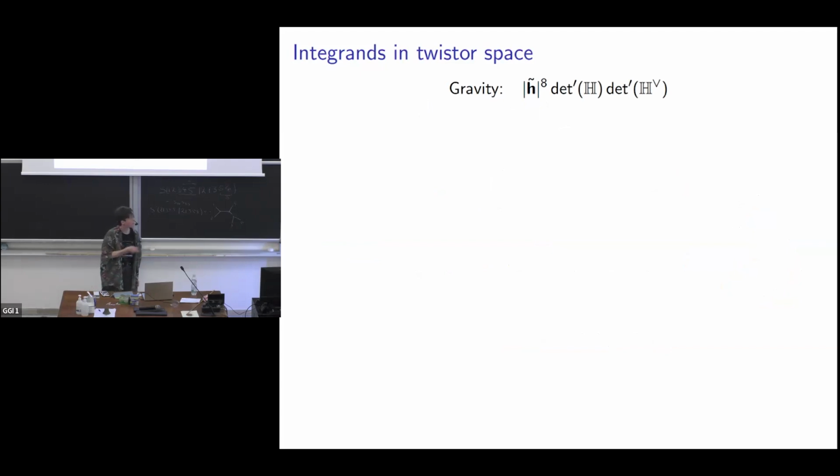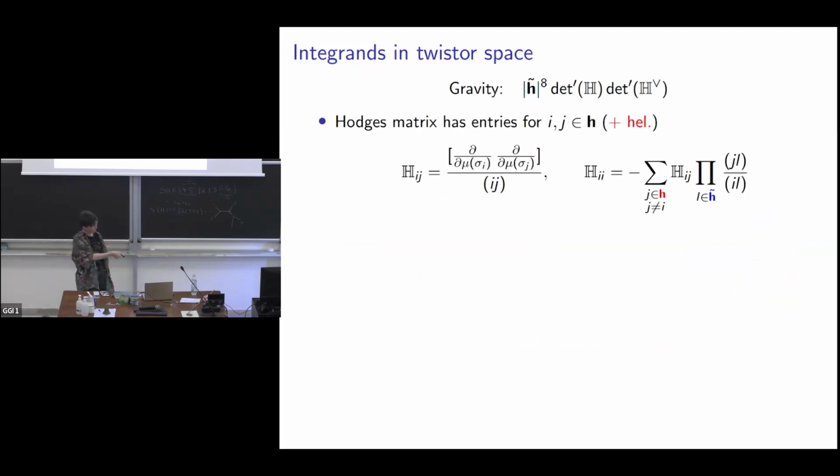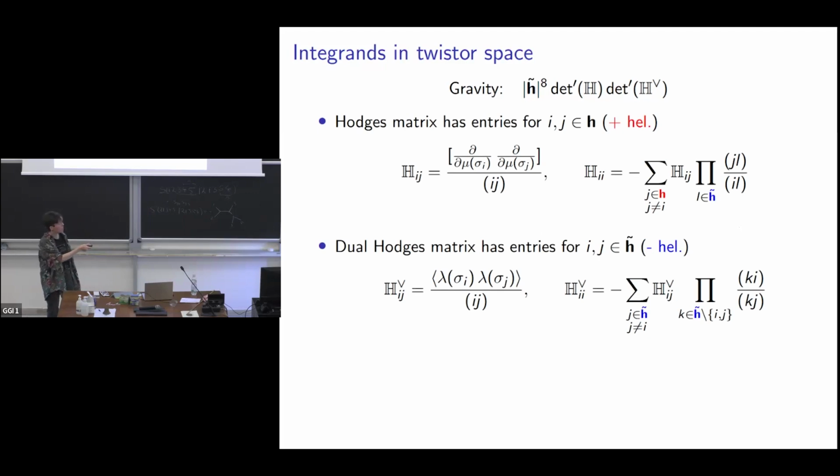So these are determinants of, the first one is the Hodges matrix, which has these entries. We have the off diagonals, which are given by this, and then we have a relation for the diagonal entries of this matrix. The dual Hodges matrix, which is this one, is similar, and it's over the negative helicity gravitons, which I denote like this. This one is over positive helicity gravitons.